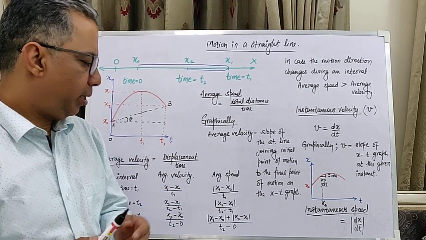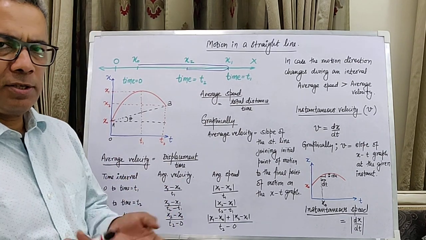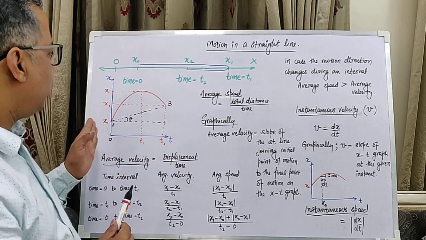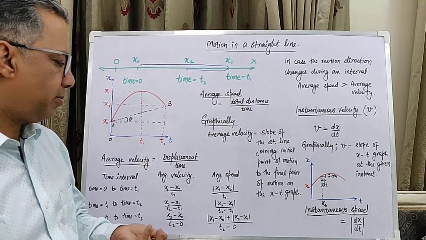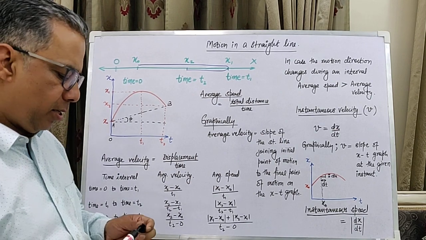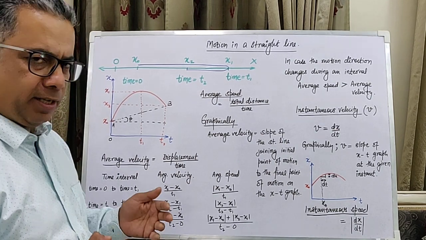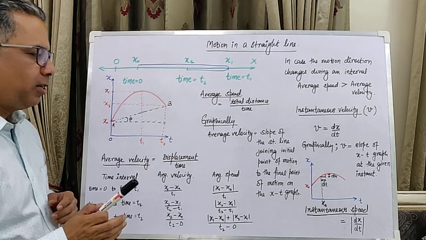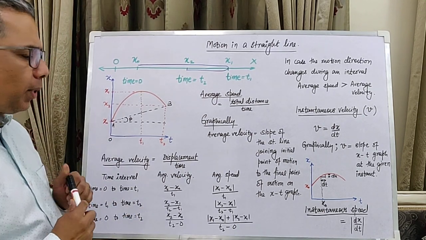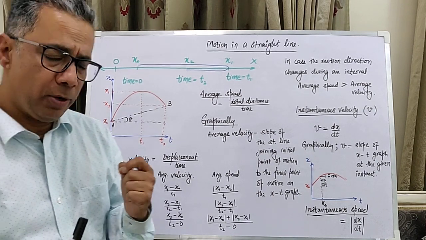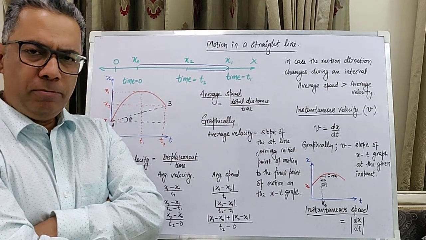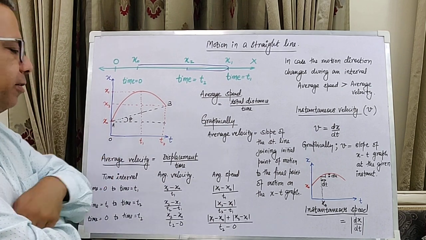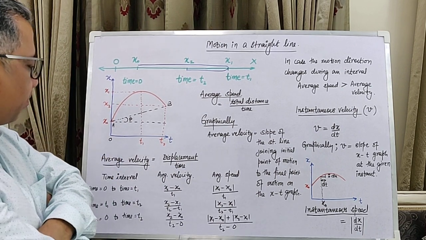In the previous video, we discussed the distance and displacement in this motion in various intervals of time, and we will be referring to those magnitudes of distance and displacement once again now. To start with, we are defining a new concept which we call average velocity during this motion.